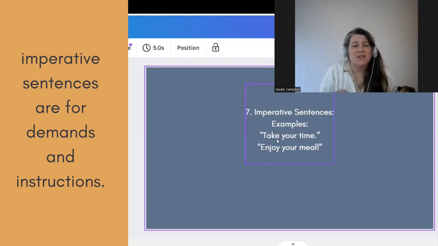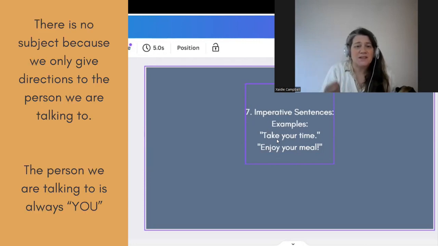Imperative sentences are the only time that we drop the you or the subject from an English sentence. In other languages, people drop their subjects a lot. But in English, we only drop them for imperative sentences when we're telling someone to do something.